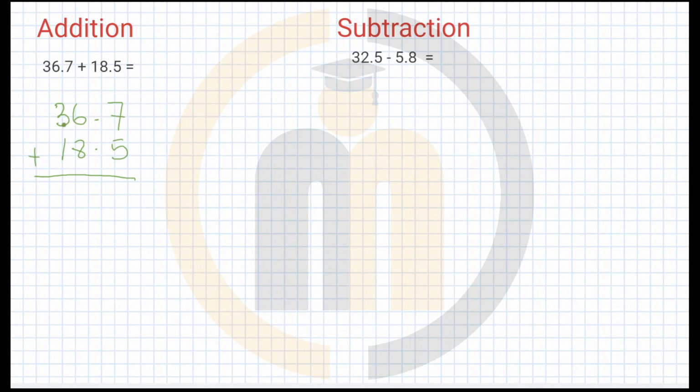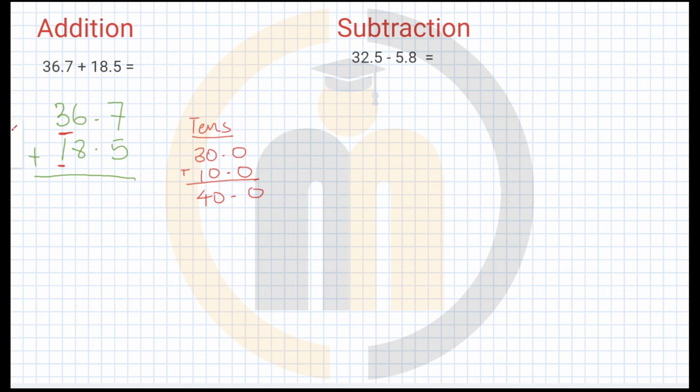So we have 36.7 here. We look at the tens here. These are tens. If I take out this number at the tens, this number will be 30.0. This number will be 10.0. We add them together, we get 40.0.